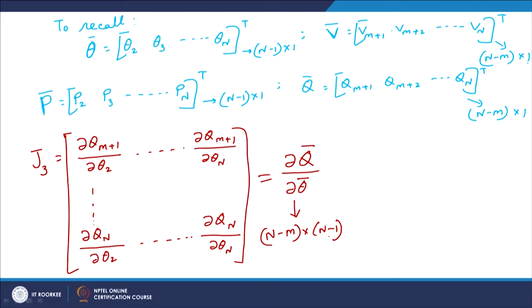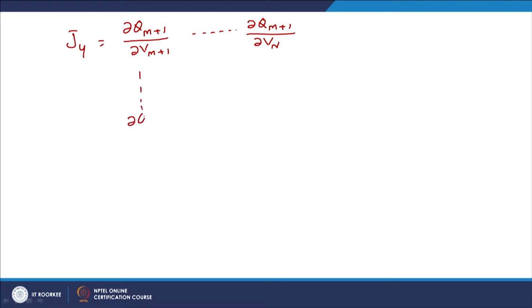And J4 would be del Q m plus 1 by del V m plus 1, up to del Vn, and down to del Qn.